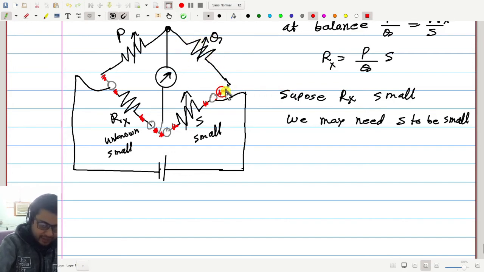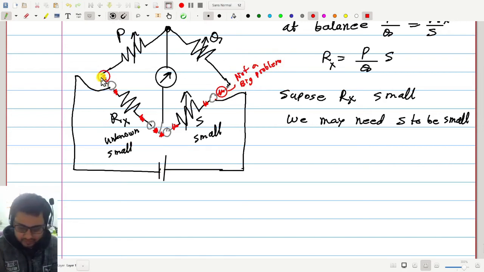So if you add something small with something significantly bigger, that is not going to give much relative error. So this resistance, not a big problem. Similarly, this resistance is not a big problem. And so is true for this.